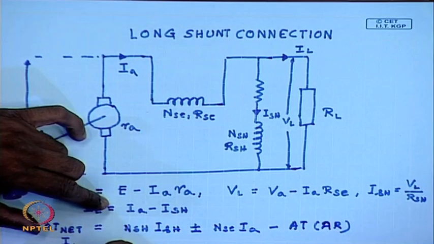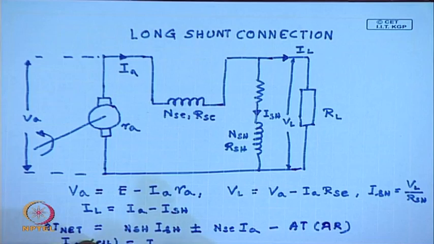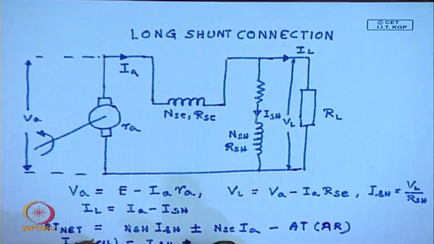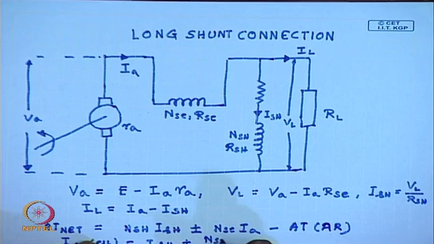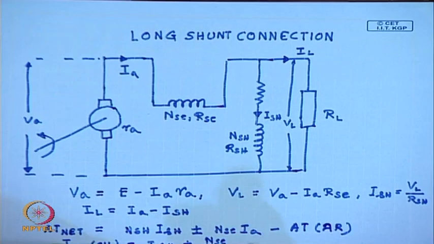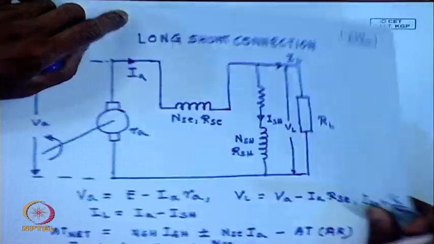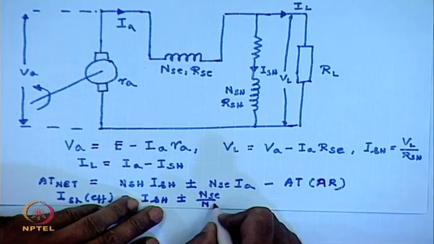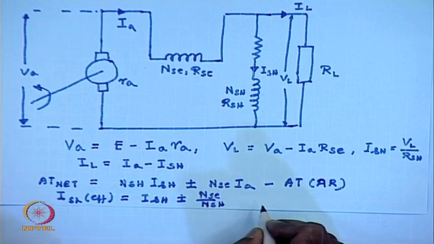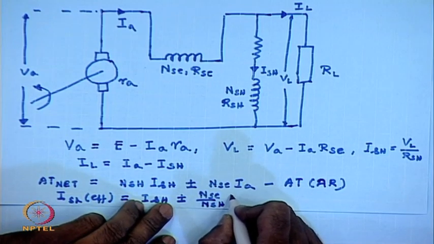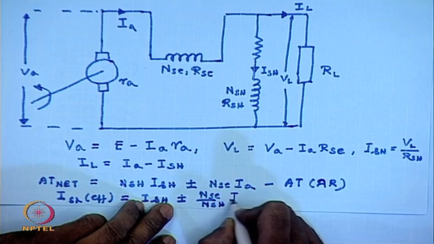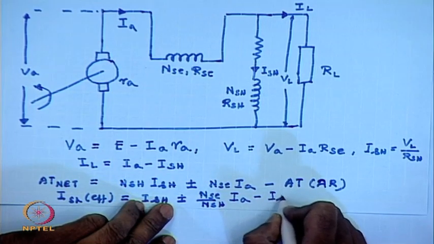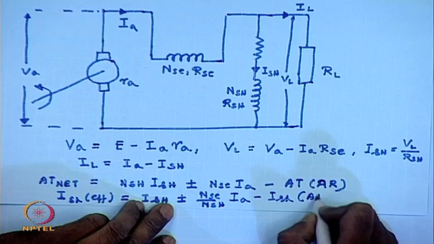Hence, ISH effective equal to ISH plus minus NSE by NSH IA minus ISH armature reaction.